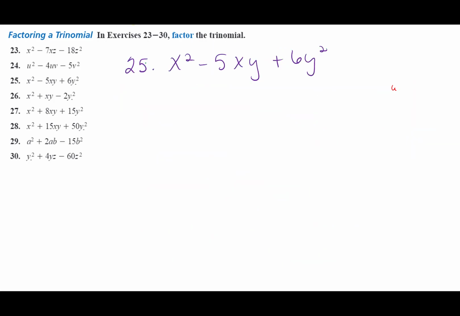25 is x squared minus 5xy plus 6y squared. Start the problem off by drawing the two sets of parentheses, and the first term will be your x term. Because of the double variable, you'll put y in the second position of each parentheses, and then we'll follow the same thing we did on the previous problem. We're looking for two numbers that add to -5 and multiply to +6.